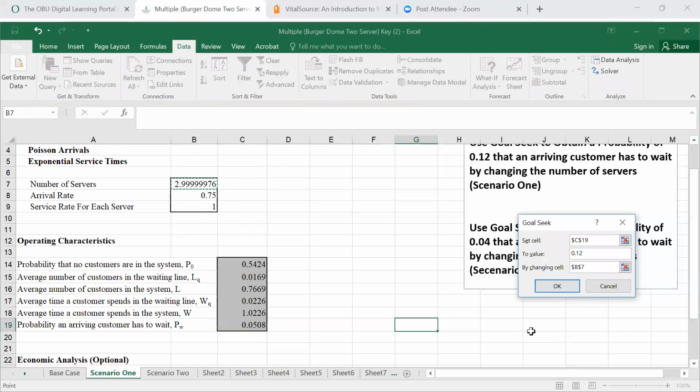And C19 is the probability an arriving customer has to wait, okay? And here are the operating characteristics. And we'll click OK.